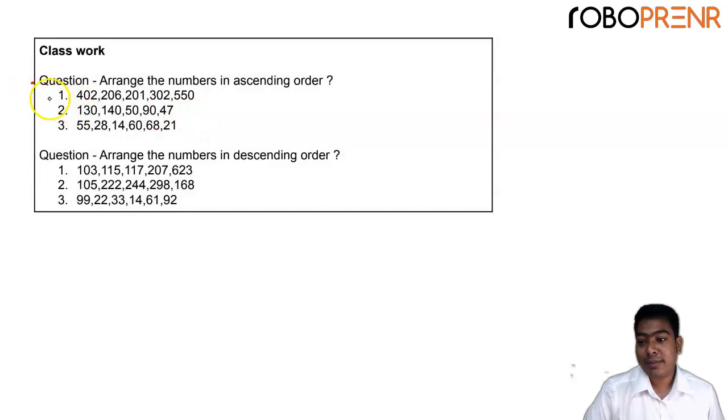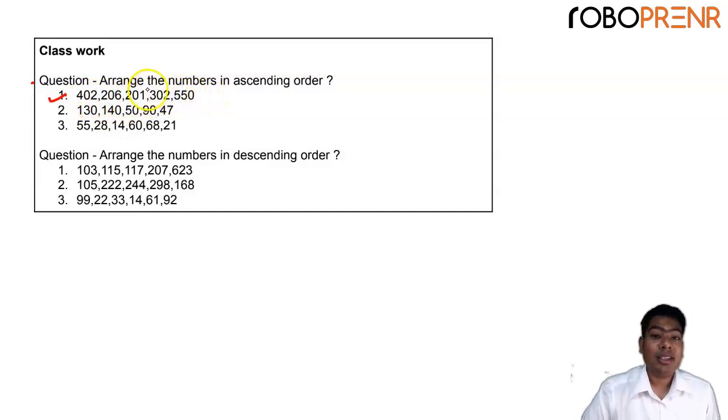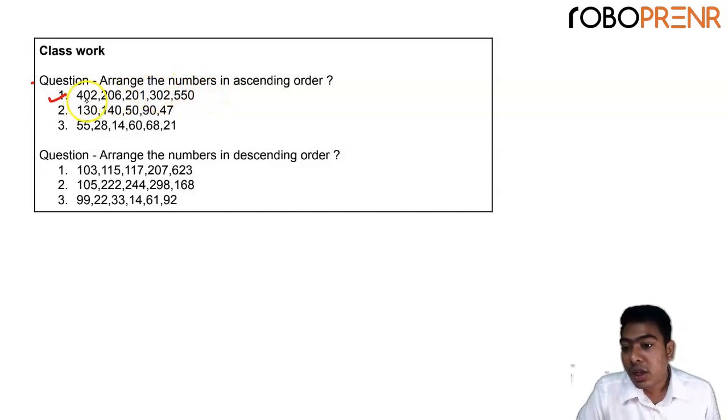Let us take question number one: 402, 206, 201, 302 and 550. Of course, we need to find the smallest number first. All the numbers have the same number of digits, so we will find the leftmost digit and compare.